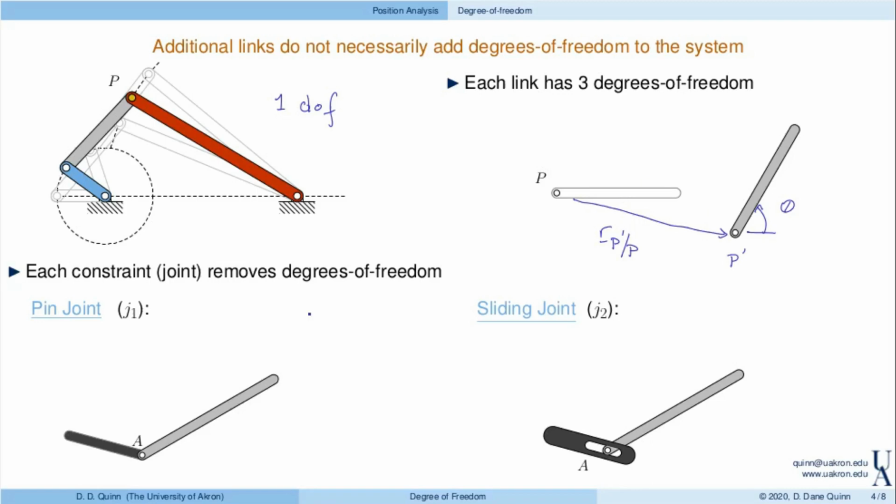So each constraint that we have, and we also refer to these as joints, removes degrees of freedom from the system. So let's first look at a pin joint. This is the one that we've seen before. Pin joints allow 1 relative degree of freedom between objects.